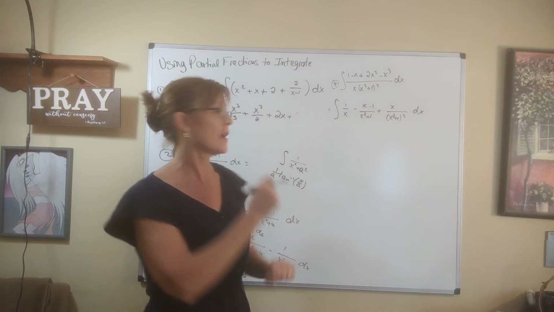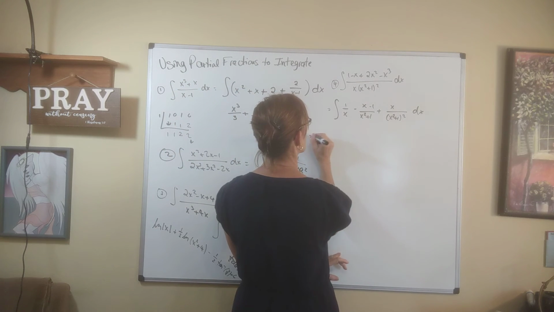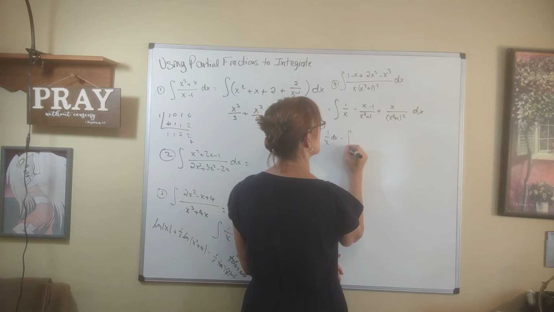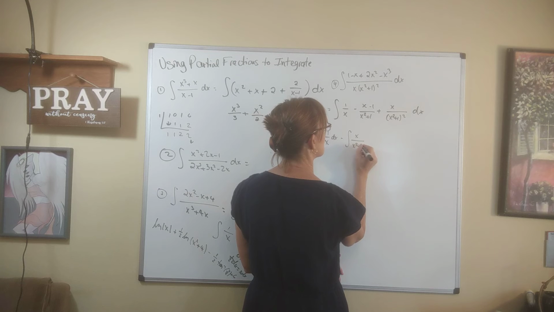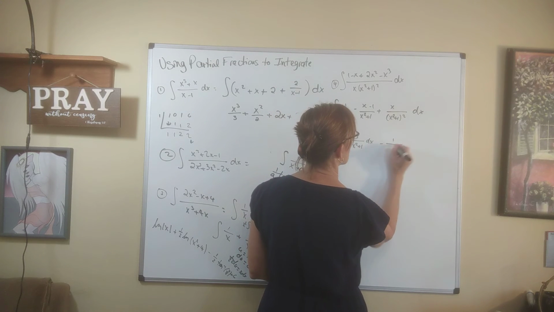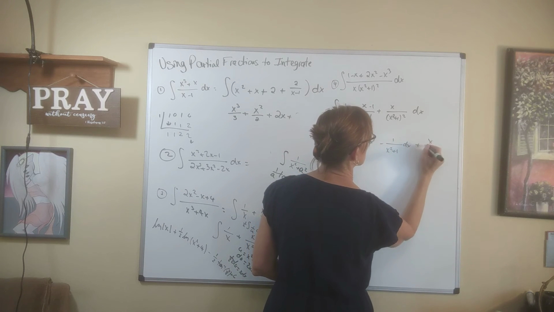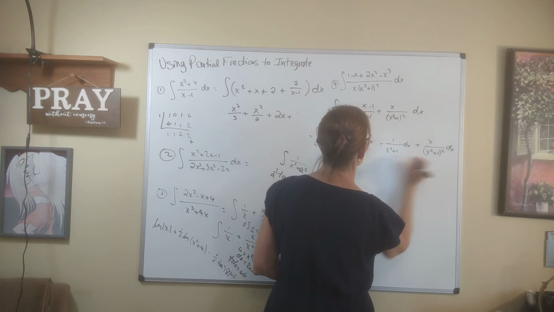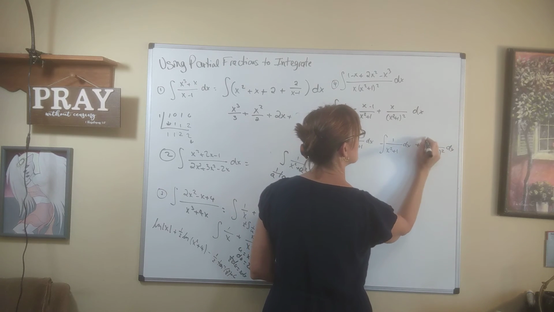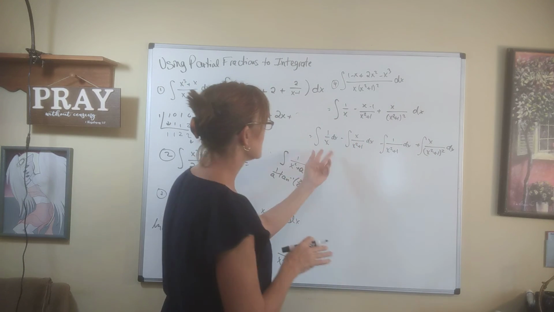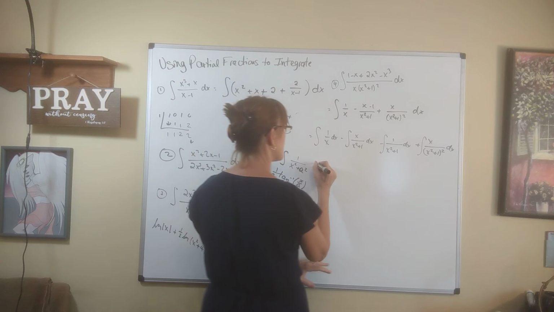I'm going to split up these little fractions. So this is going to be the integral of 1 over x dx minus x over (x squared plus 1) dx minus 1 over (x squared plus 1) dx plus x over (x squared plus 1) squared dx. So I just split them up into different little integrals. It makes it much easier. This one is natural log of x.